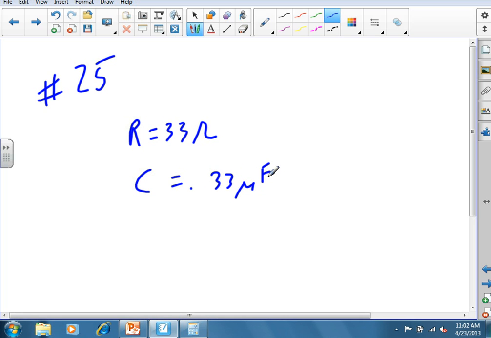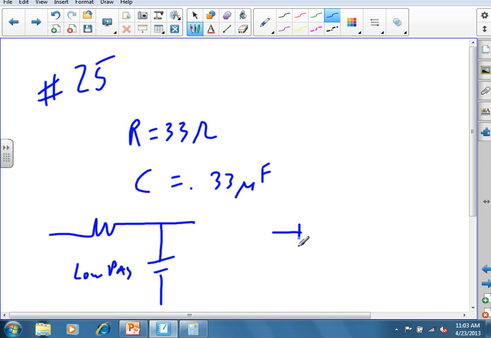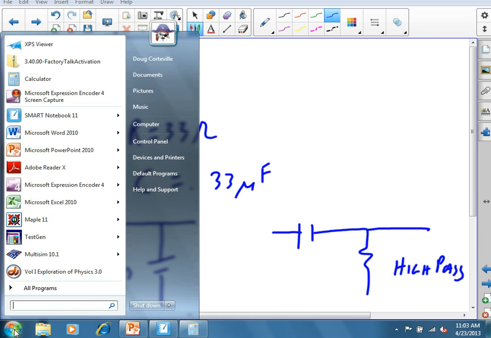Well, if I do this, then I'm going to have a low pass filter. And if I do this, I'm going to have a high pass filter. And the problem doesn't say which one I've got. That seems pretty weird. Does that seem weird to you?